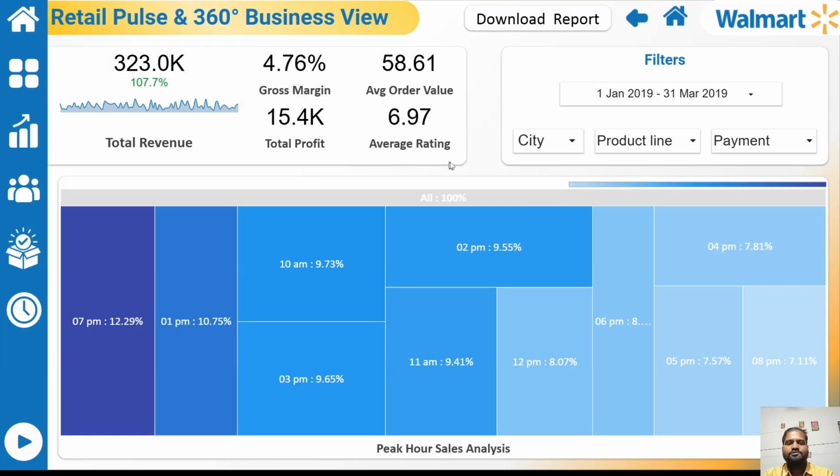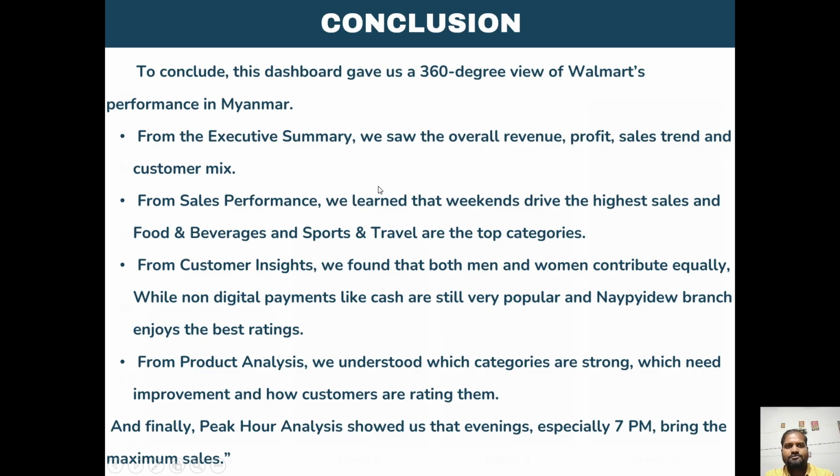With this, we come to the end of our dashboard walkthrough, which gave a 360-degree view of Walmart sales, customers, products, and peak timings. So to conclude, this dashboard gave us a 360-degree view of Walmart performance in Myanmar. From the executive summary, we saw the overall performance, profit, sales trend, and customer mix. From sales performance, we learned that the weekend drives the highest sales, and food and beverages and sports and travel are the top categories.